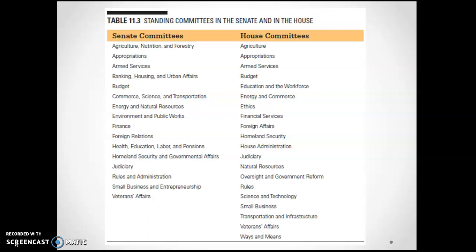Then you go to the House. You have the House Ways and Means Committee, which is a huge one. And then the House Rules Committee, as we said, is a huge one. And I guess those are really the only critical ones, right? But some of these are very famous, and prominent people get seats on them.